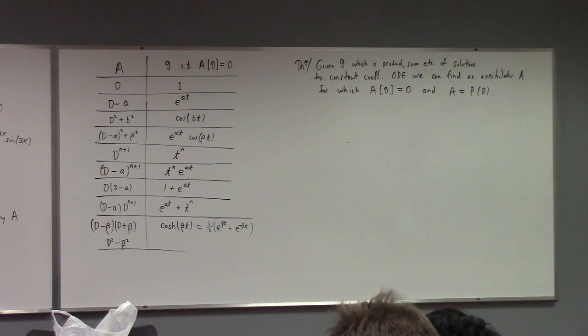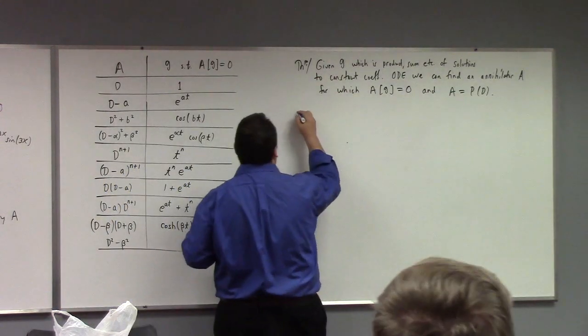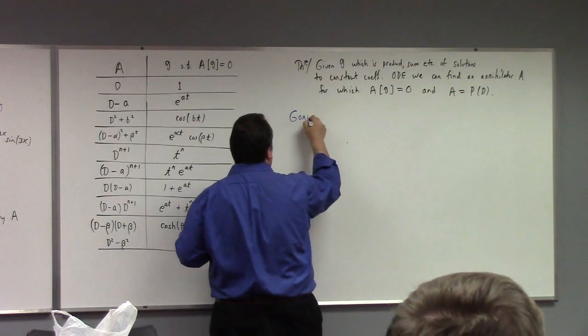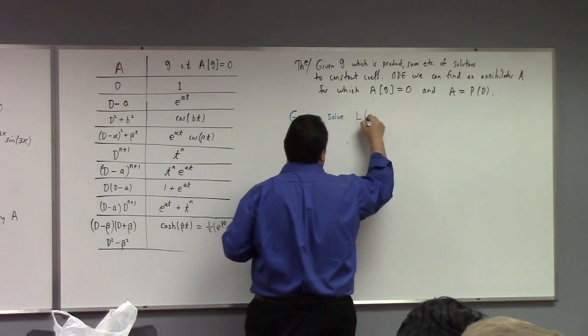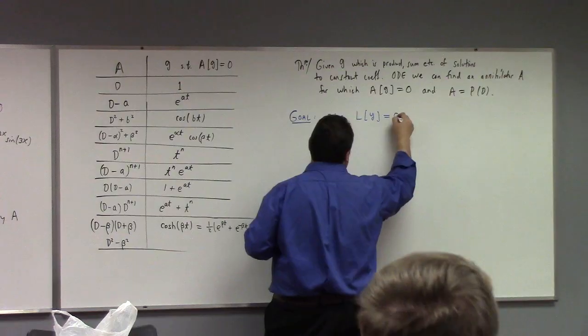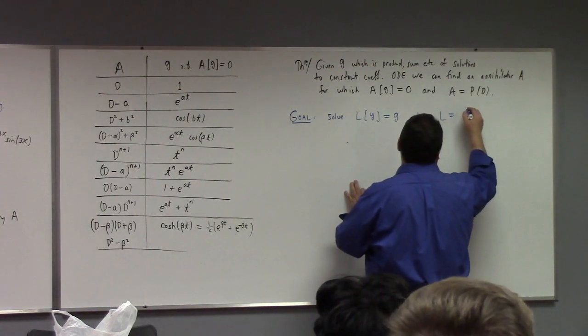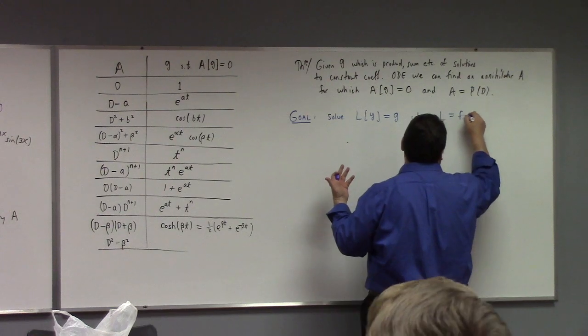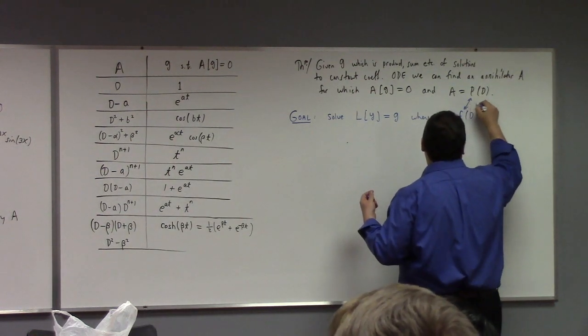So here's a thought experiment for you guys. We're trying to solve the non-homogeneous problem. Our mission, should you choose to accept it, is to solve L of y equals G, where L is equal to some polynomial, let's say f, in the differentiation operator. Both of these are polynomials.